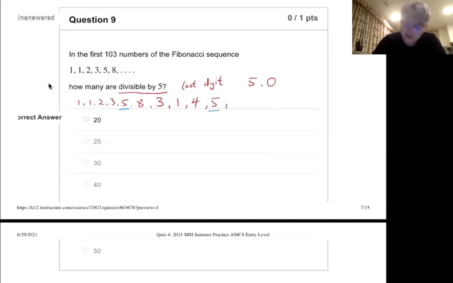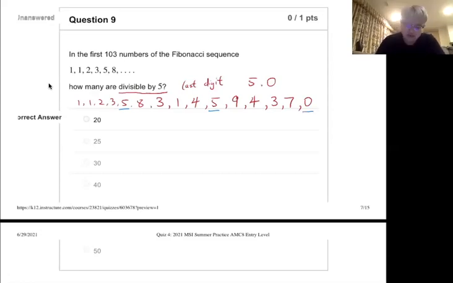4 plus 5, 9. 9 plus 5, 14. So that gives us 4. 9 plus 4, 13. So it's a 3. 4 plus 3, 7. 7 plus 3, 10. So that gives us 0. And 0 is also divisible by 5.